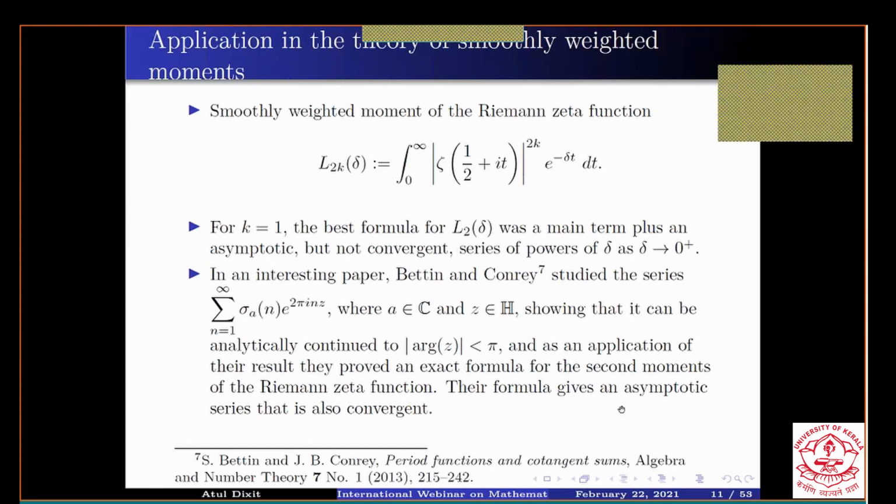And this formula gives them an asymptotic series which is convergent as delta tends to 0. You see, previously as delta tends to 0 plus, we were getting an asymptotic series which was not convergent. But here you are actually going to get a convergent asymptotic series. They also got a simple proof of the Ramanujan-Guinand formula as one of the results.